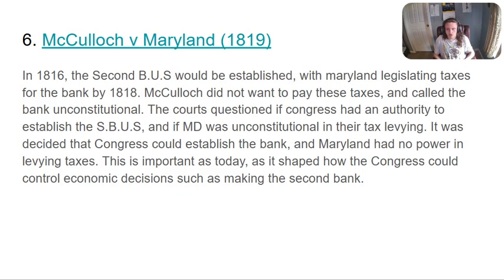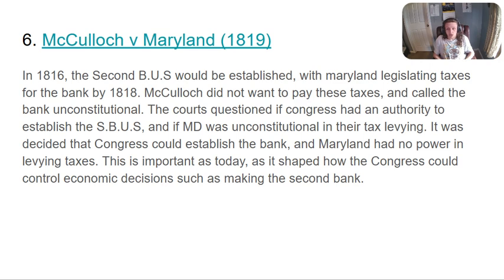McCulloch versus Maryland would be the sixth case in this presentation, and it would be decided in 1819. In 1816, the Second Bank of the United States would be established, with Maryland legislating taxes for this bank by 1818. McCulloch did not want to pay for these taxes and called the bank unconstitutional.